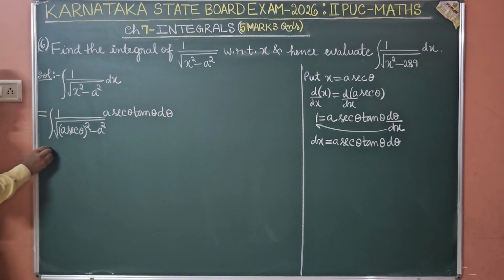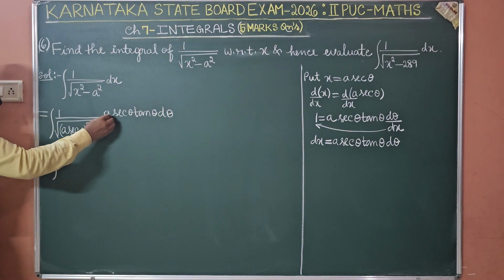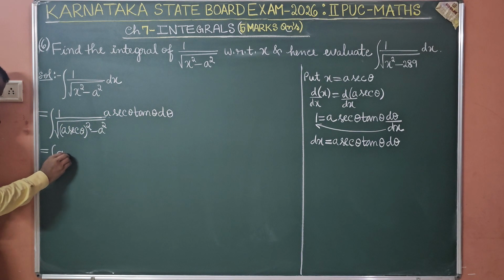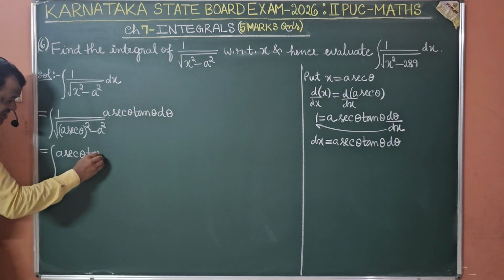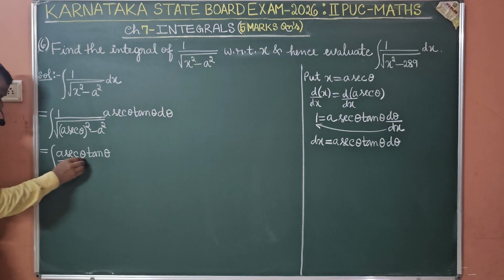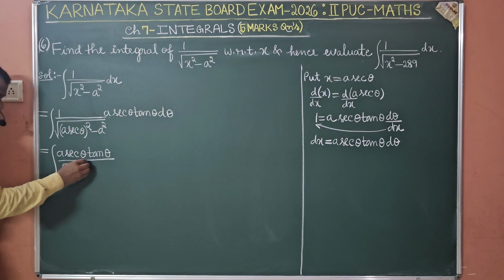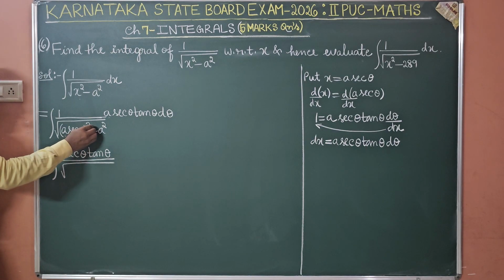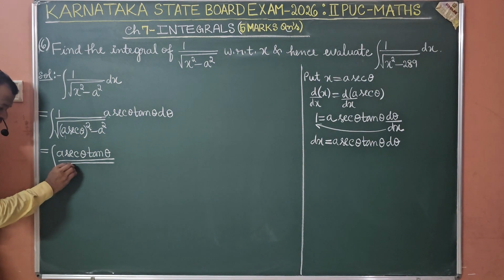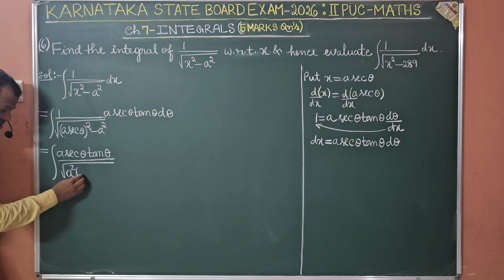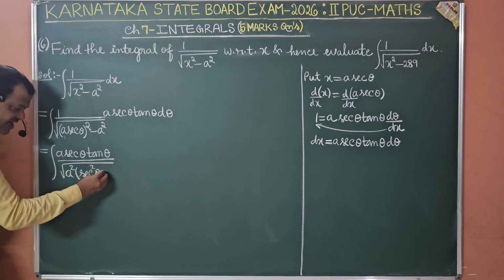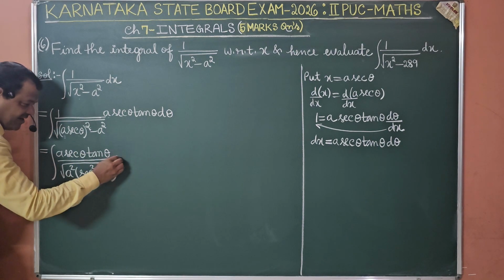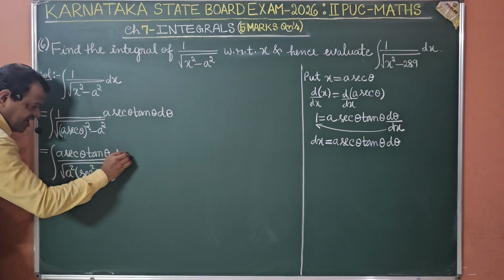Now the numerator is integral of 1 into a secant theta tan theta as it is, divided by square root of a square secant square theta, then a square common. So when I take a square common, inside this bracket from the first term secant square theta, from the second term minus 1 remaining, and d theta.